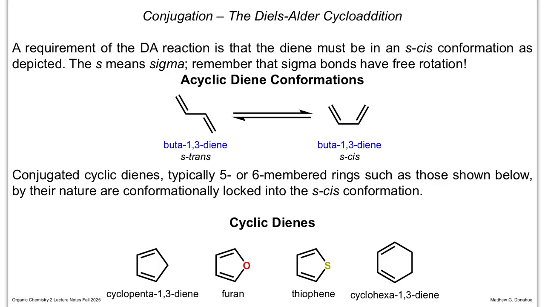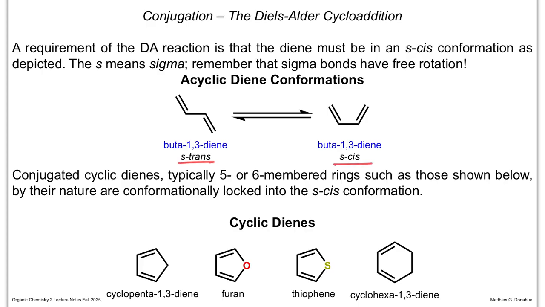One of the requirements for this to happen, the first requirement, you have to have a diene. If you meet that requirement, then we can go down the flow chart and ask the next question. The diene has to have a specific geometry. And that's related to these terms here.